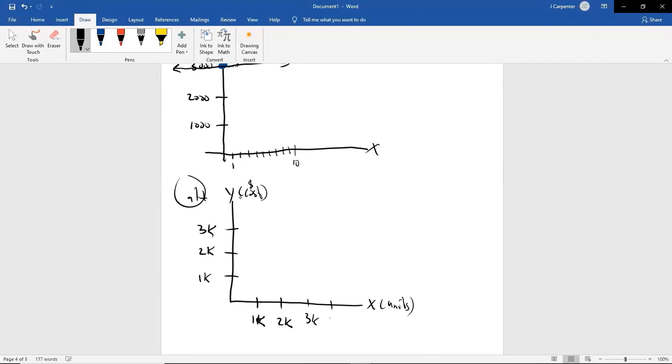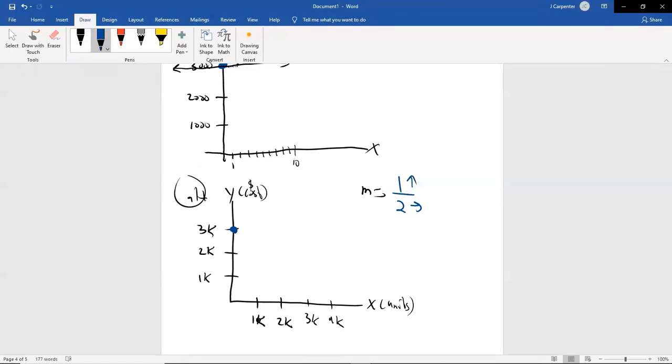3,000 units, 4,000 units. So here's our initial point at the 3,000. With a slope being, we said it came out to 1 over 2. Every time we go right 2, we go up 1. I don't really see 1s and 2s up here. Sorry about that. So what we can instead do is just make this in thousands.